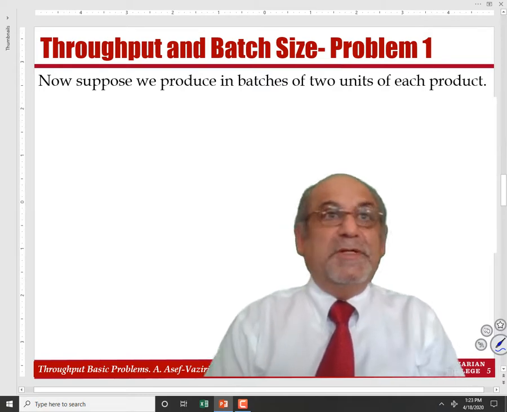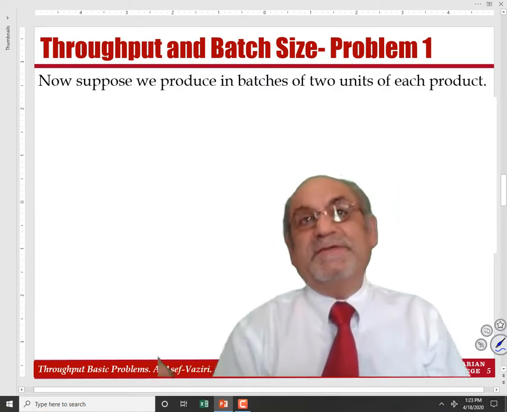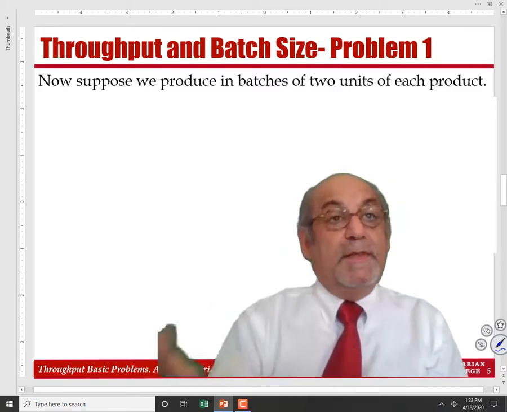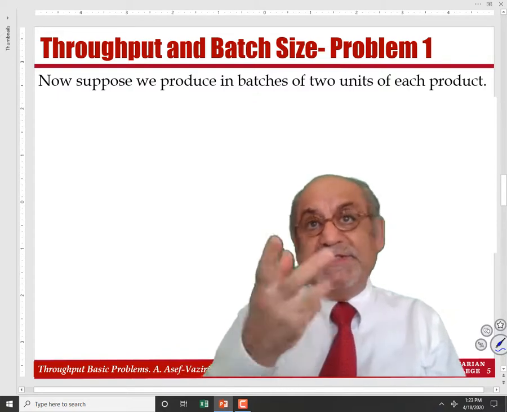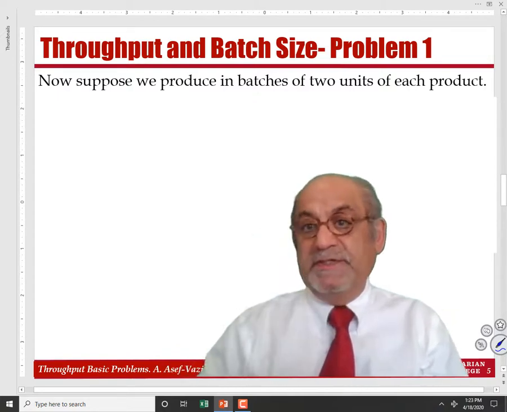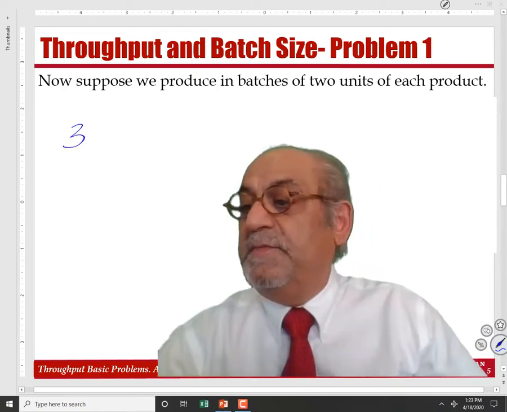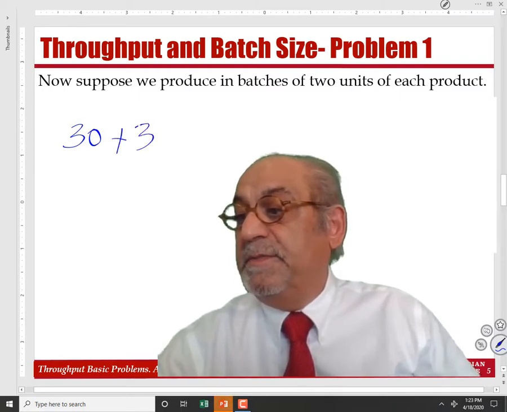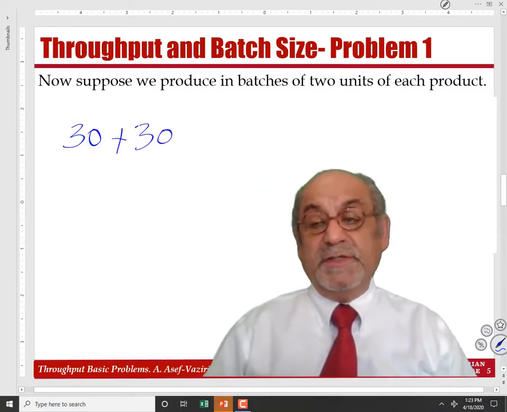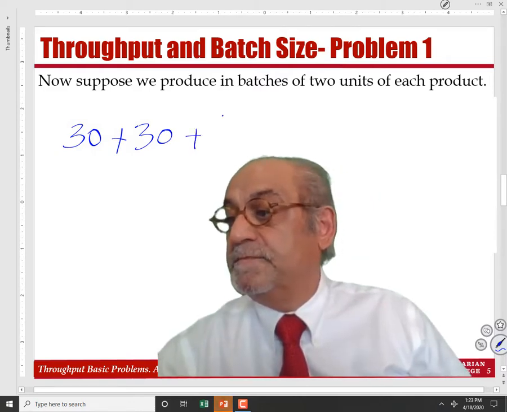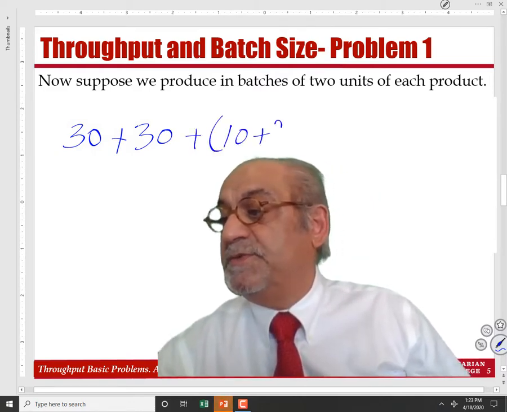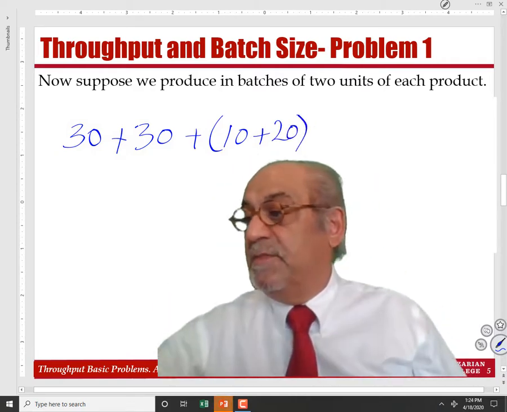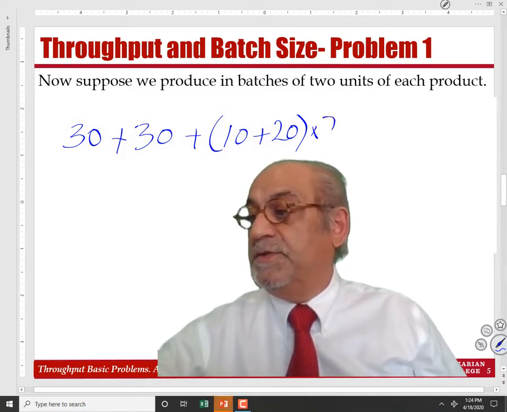Now suppose we want to produce 2 units of each product, then switch to the next one. 2 units of each product, then switch to the next one. Each time we want to produce the combination of these 2 products, 30 minutes setup time for product A, 30 minutes setup time for product B, 10 plus 20 minutes for producing 1 product of each, multiplied by 2.